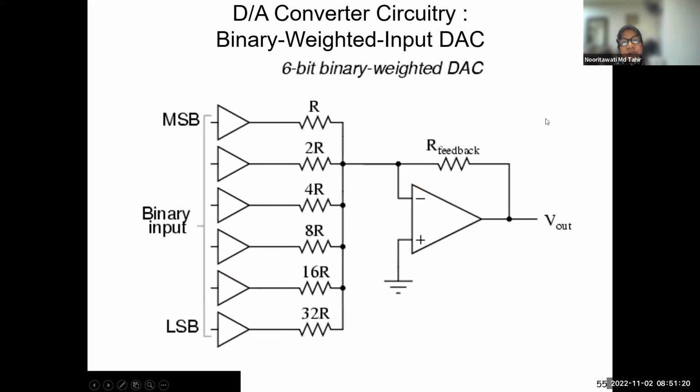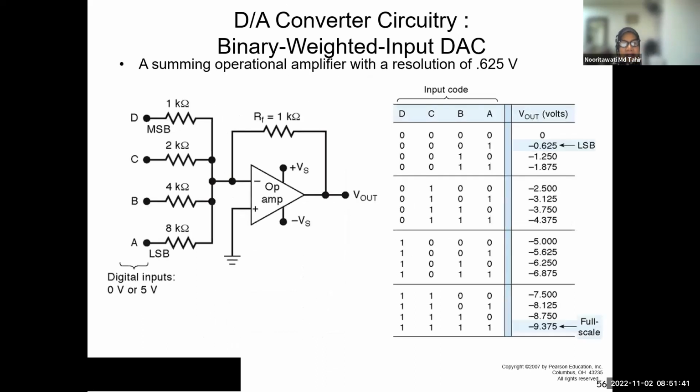Okay, ini adalah untuk 6-bit binary. Remember, the most significant bit will have the smallest resistor, which is R, and the least significant bit will have the highest resistor value: R, 2R, 4R, 8R, 16R, 32R. Itu you kena ingat ya. Ini adalah a summing operational amplifier with a resolution of 0.625 volt.